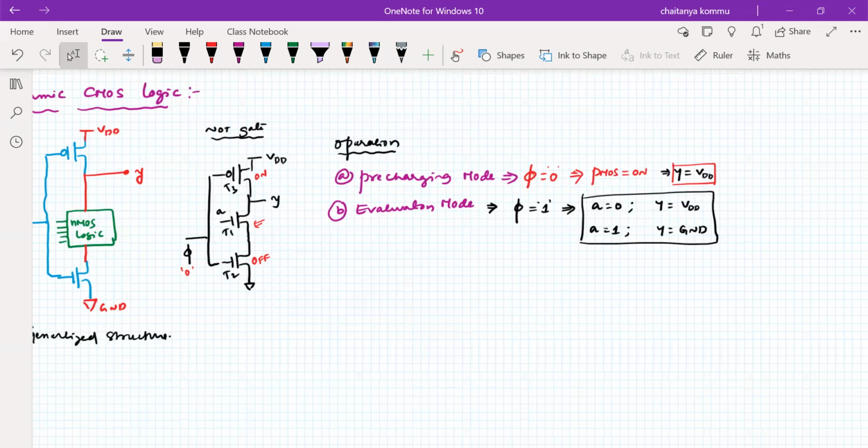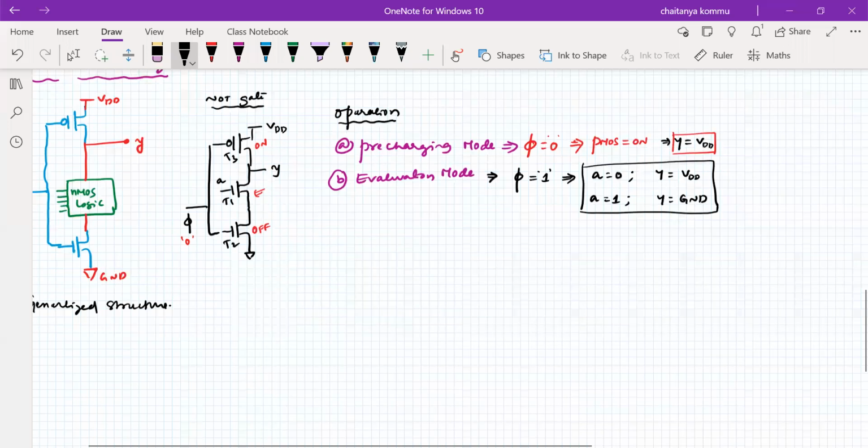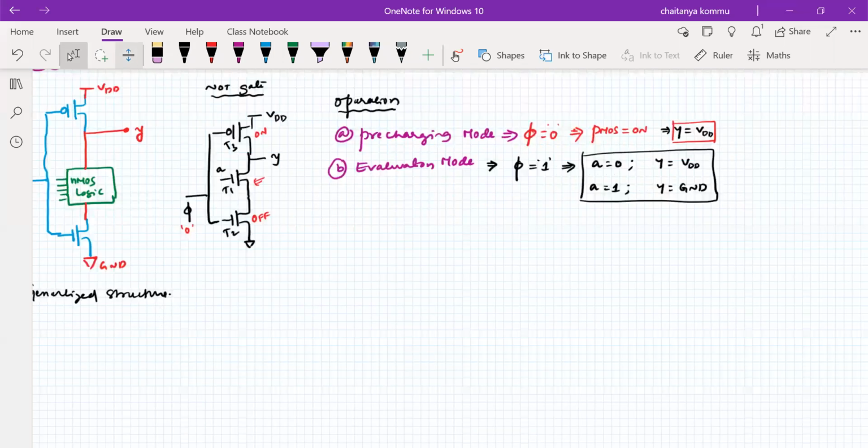So with a single phase clock, it is not possible to do this. Why? For example, consider this one, copy, paste it here.